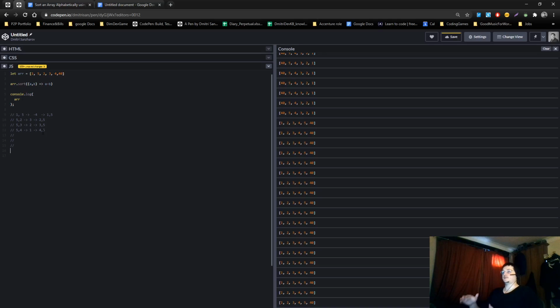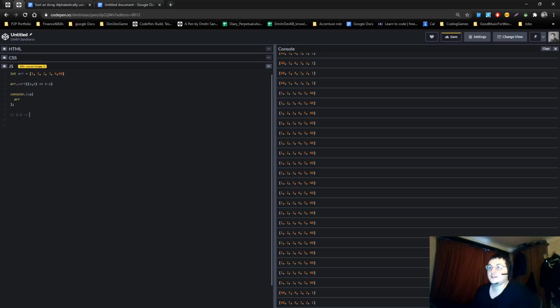Until it's perfectly sorted. So for example, right now it's lowest to highest. If you want to reverse it, you can go B minus A and it will reverse it. I'll give you an example why. So the first it takes is 1 and 5.